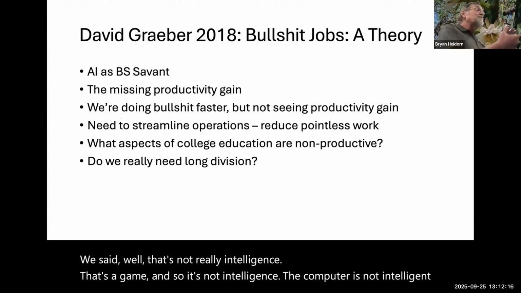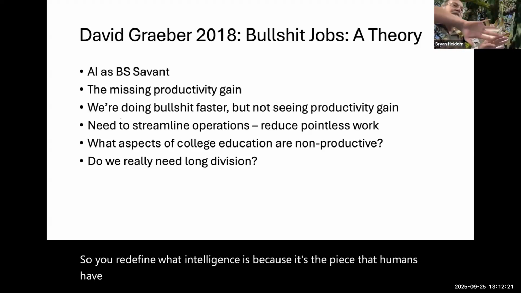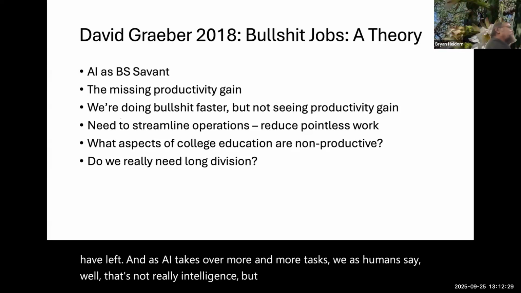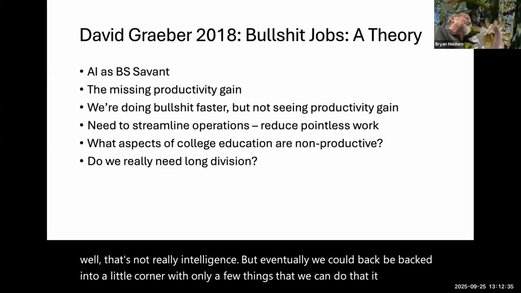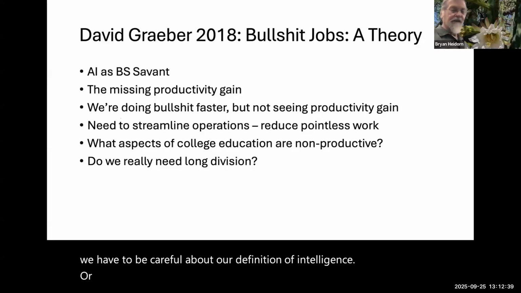So you redefine what intelligence is because it's the piece that humans have left. And as AI takes over more and more tasks, we as humans say, well, that's not really intelligence. But eventually we could be backed into a little corner with only a few things that we can do that it cannot. So we have to be careful about our definition of intelligence, or we'll write ourselves right out of the market of intelligence.